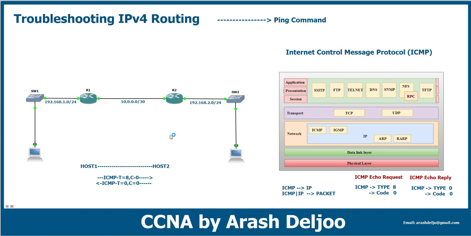Because of that, the ping command is a command that we can use to send a message to the ICMP protocol, and after that ICMP should send one ICMP echo request to the destination IP.